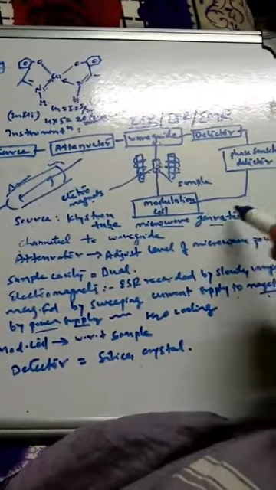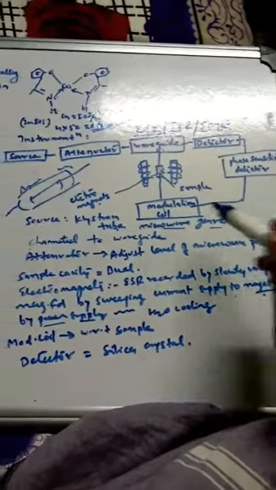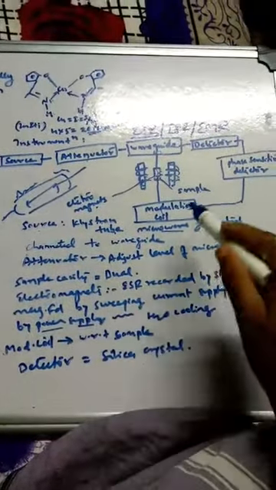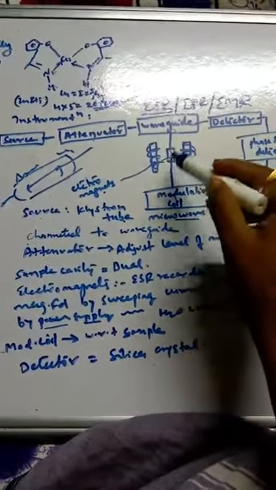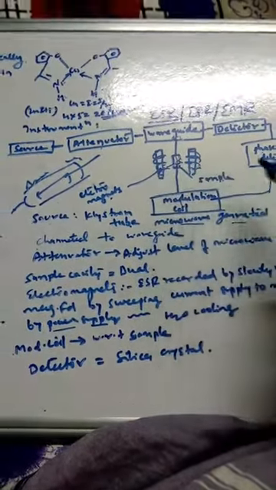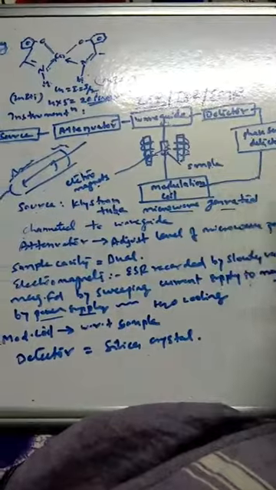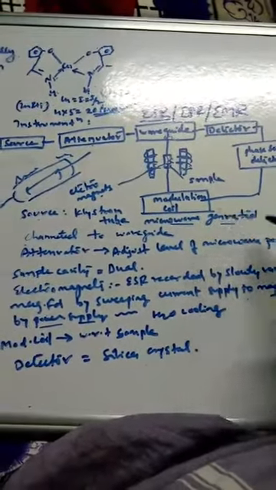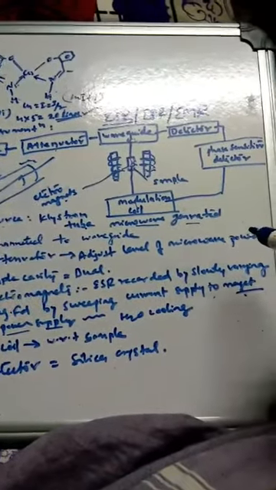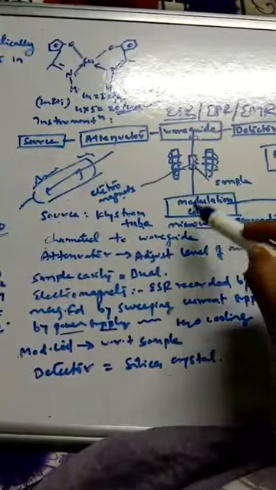ESR is recorded by slowly varying the magnetic field, by sweeping the current supply to the magnets from the power supply. The current is slowly swept, so the magnetic field varies.